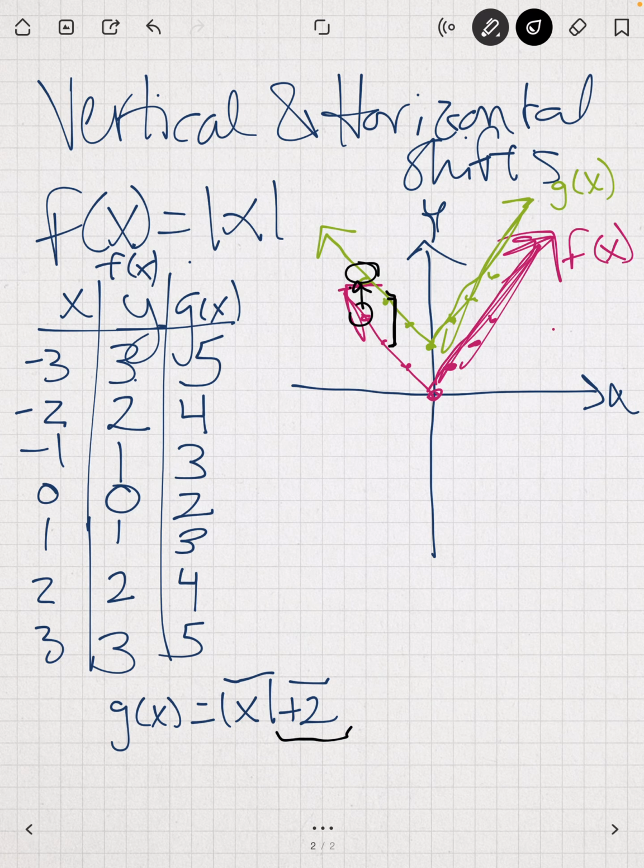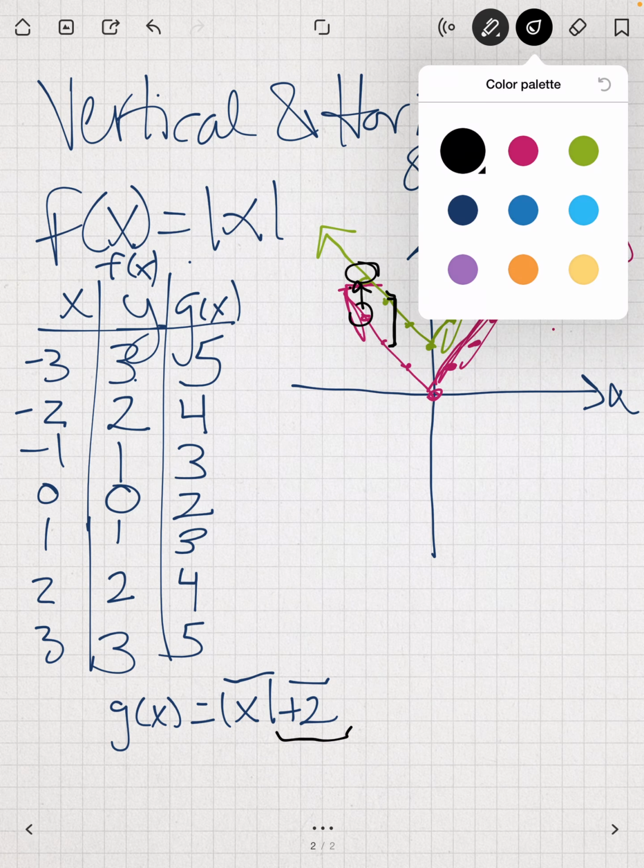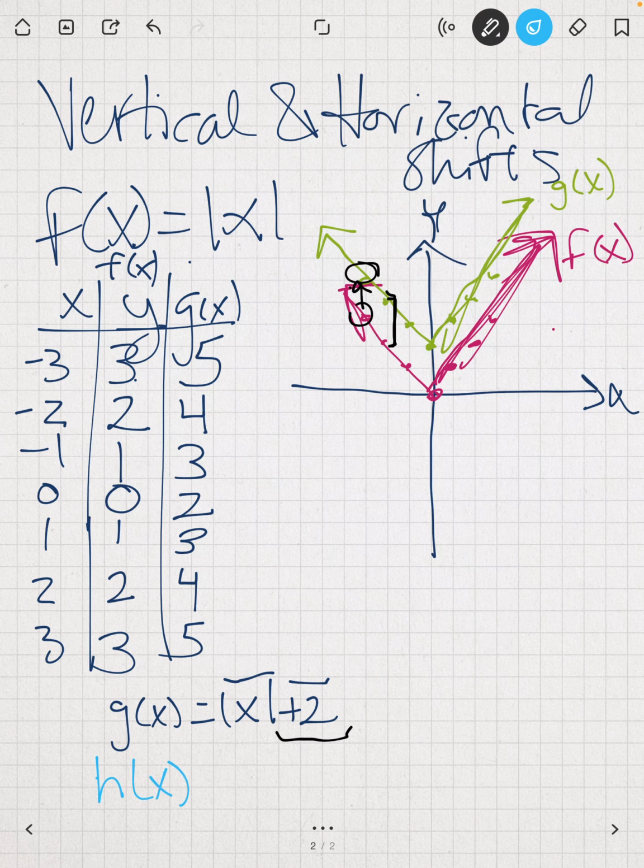To see one more similar example, I'll use light blue for this, and call h of x the absolute value of x minus 3. So I have another column, h of x, and we're going to subtract 3 from our y values for f of x.